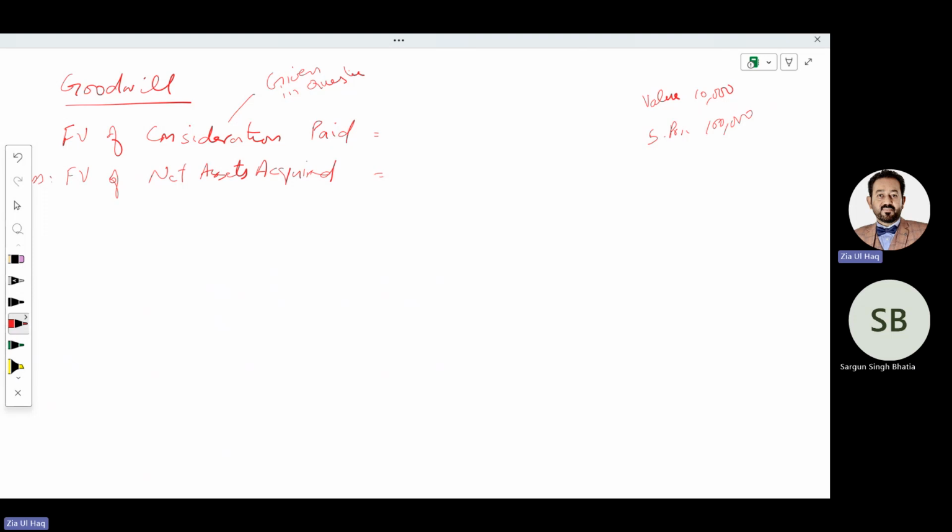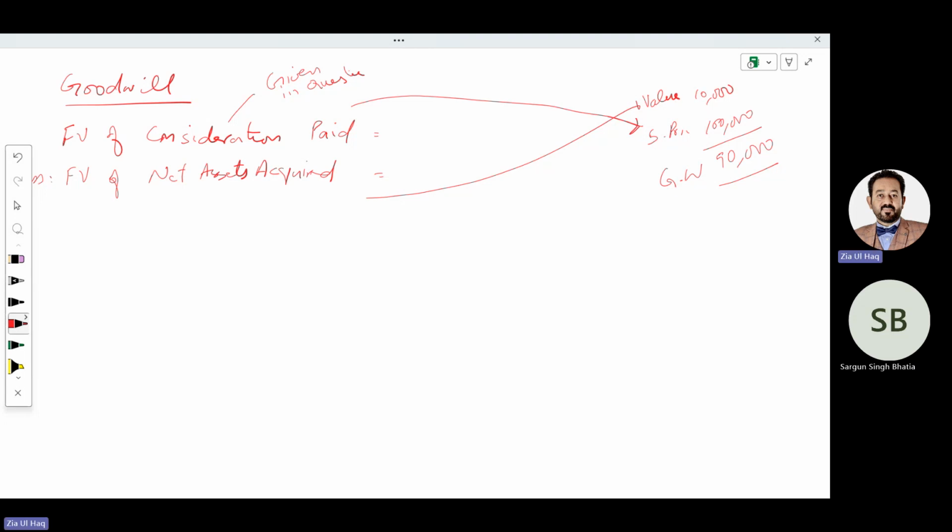This 100,000 will be called consideration paid, what we have paid to buy that company or that asset. This 10,000 is the fair value of net assets acquired. So what is the difference? 90,000 that we have paid over the fair value will be called goodwill. Whatever amount you have paid over the assets to buy that company will be called goodwill.